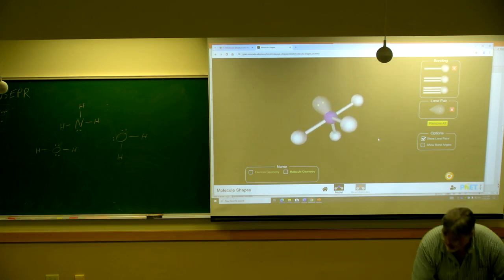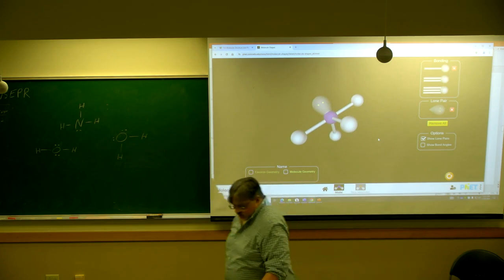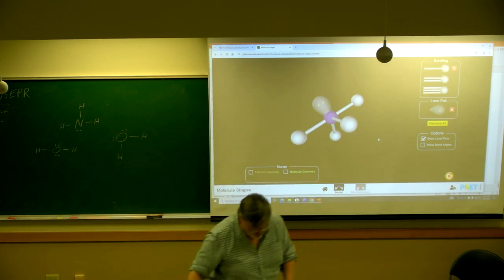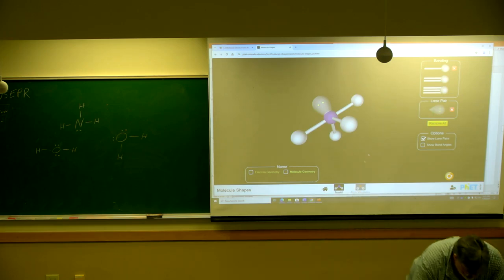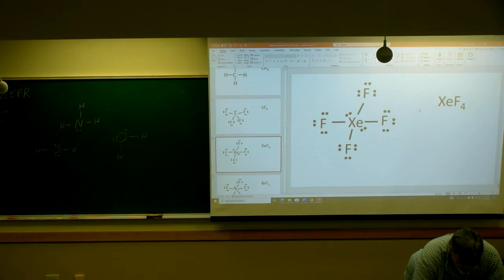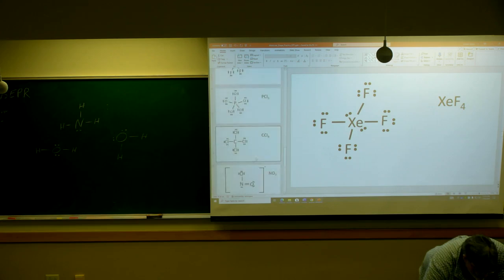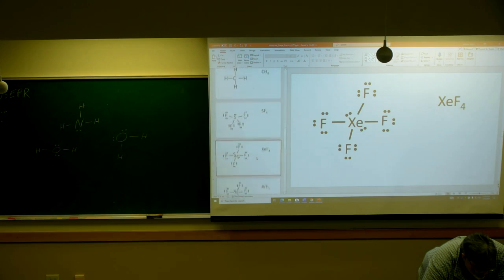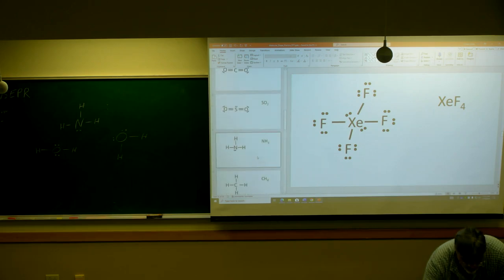All right. I wonder if I have an example of T-shaped. There we go. 1, 2, no, that's 6. I guess I don't have an example. But I'll do it here.